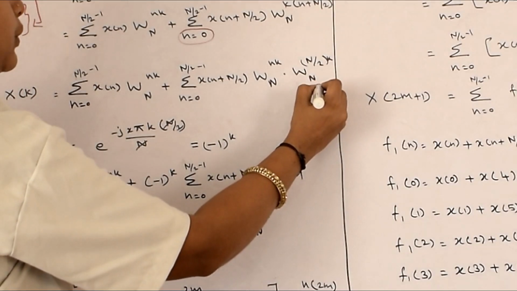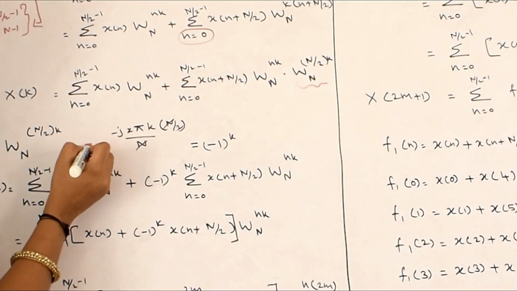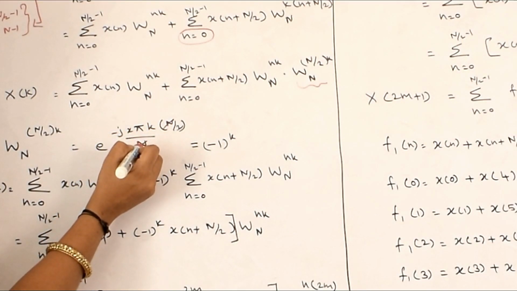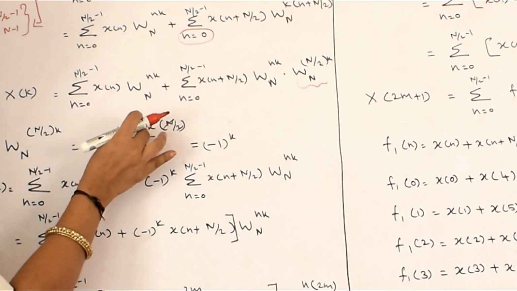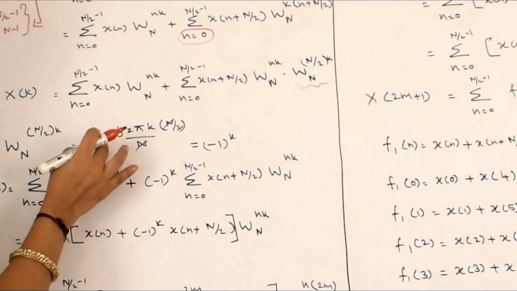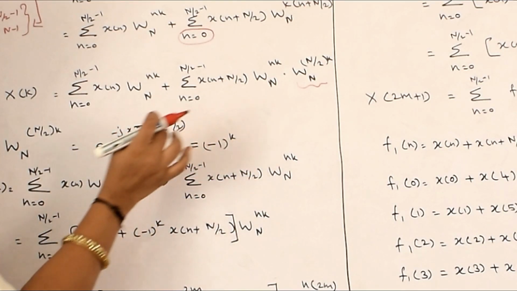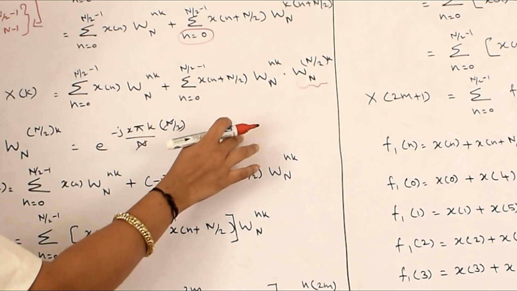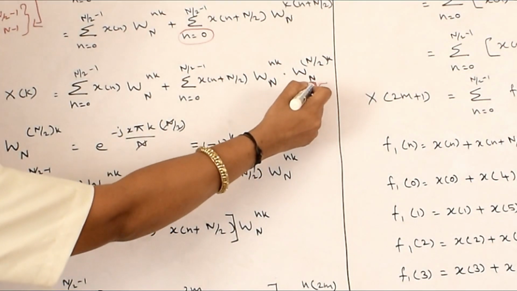So this W_N power N by 2 k can be written as e power minus j 2 pi k into N by 2 divided by N. If you simplify, you will get e power minus j pi k. So e power minus j pi is minus 1, giving minus 1 power k. So I am going to substitute this instead of this term.